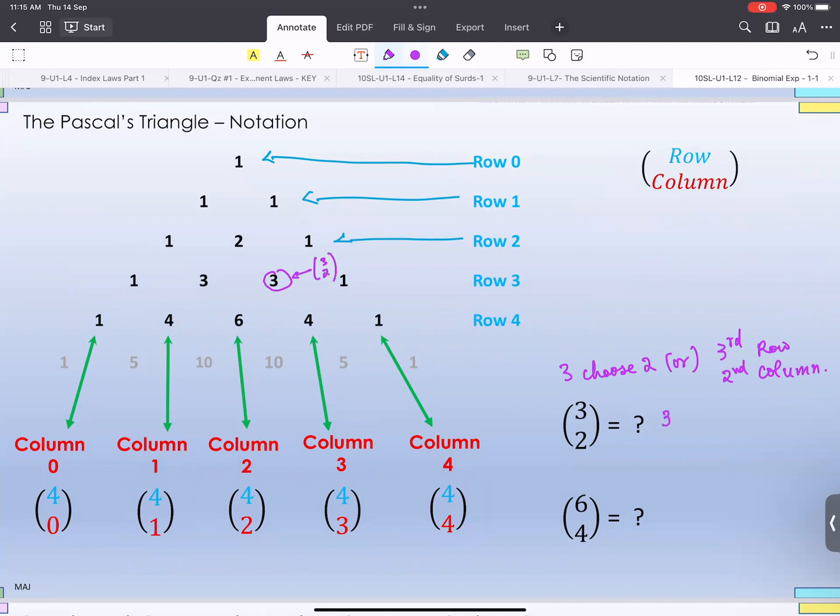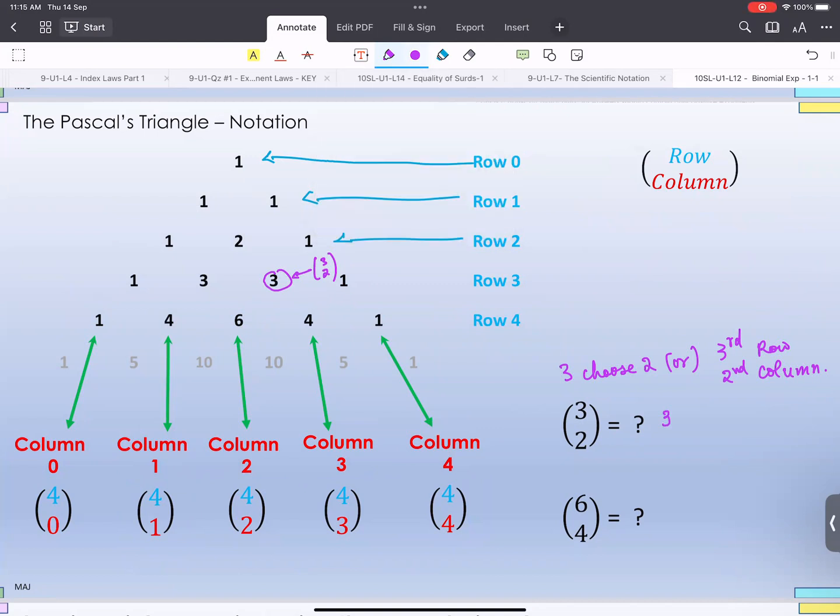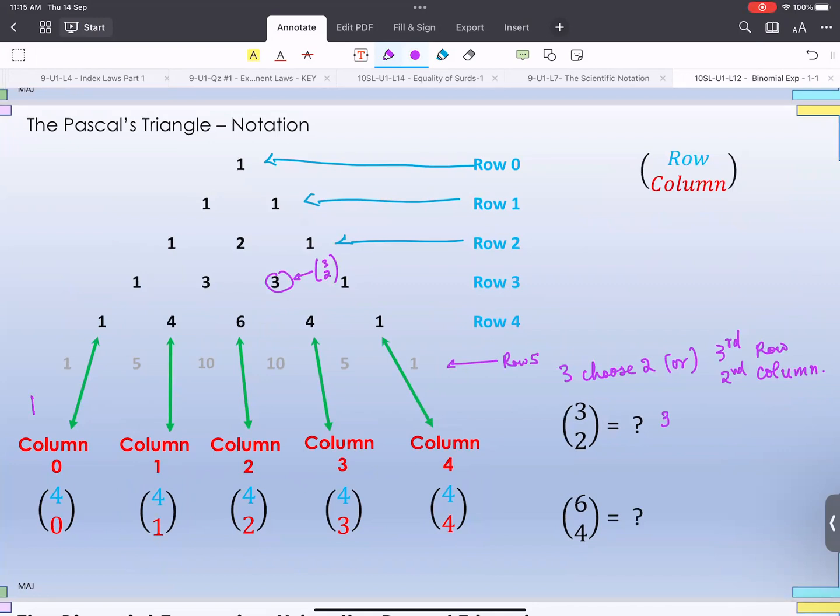If I wanted to find what is 6 choose 4, I need to figure out where the 6th row is. So this would be row 5. Okay, row 6, we'd start with a 1, go diagonally. In between the 5 and the 1, you add a 6. In between the 5 and the 10, you add a 15.